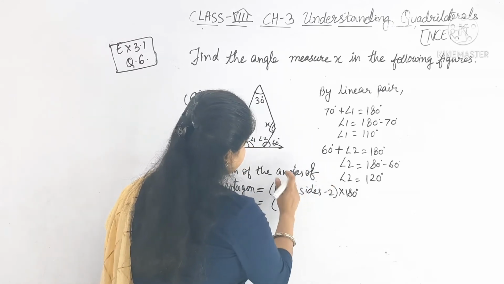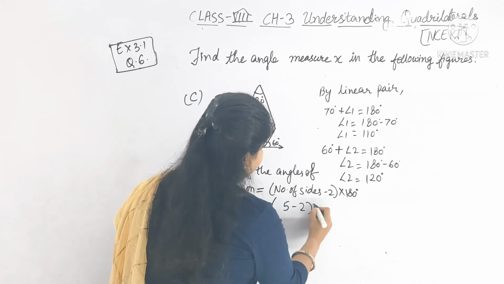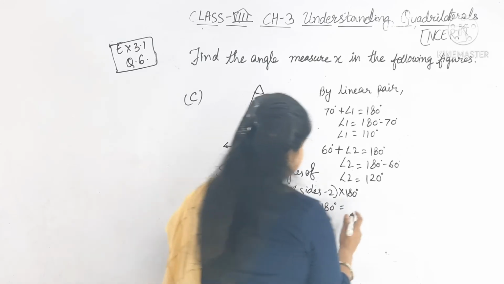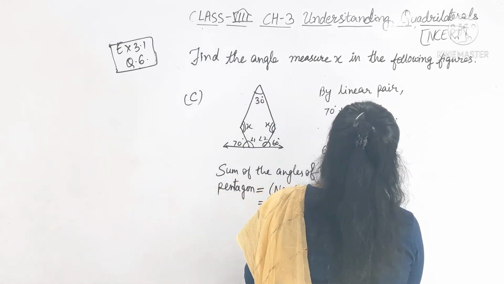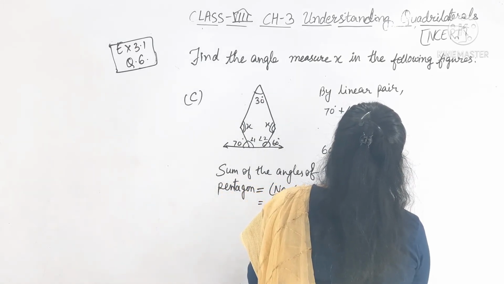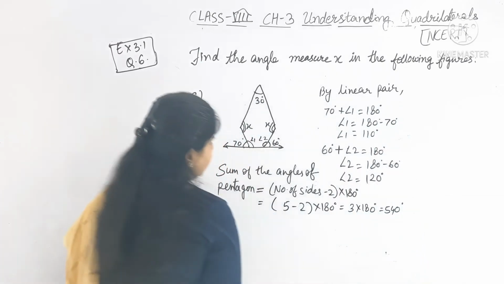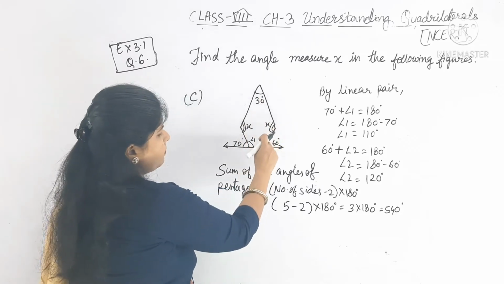Number of sides is 5. 5 minus 2 into 180 degree. So I am getting here 3 into 180 degree. I am getting 540 degree. So these are the pentagon angles.